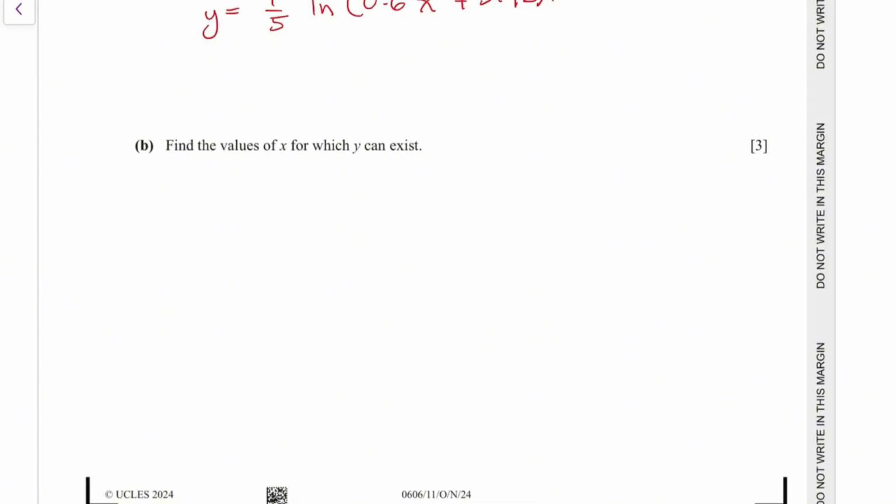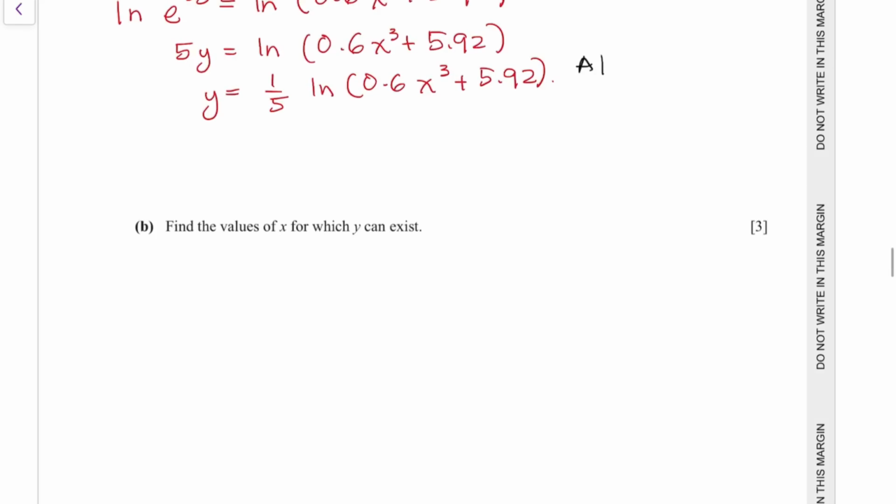Next question is asking you to find the values of x for which y can exist. You see, your equation is y equals 1 over 5 ln of this. Now, in order for y to exist, whatever inside the ln, it must be positive. Can't even be 0.